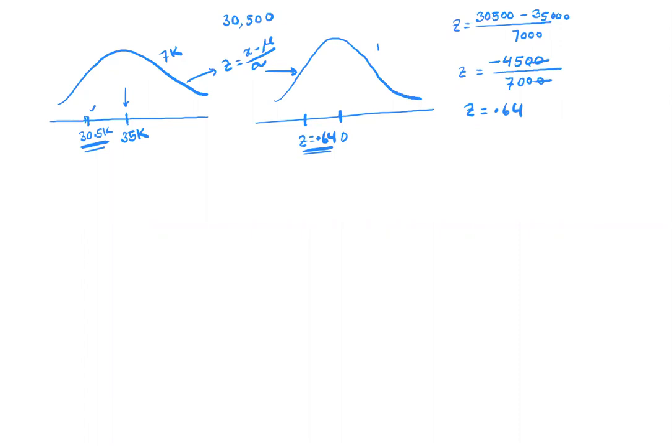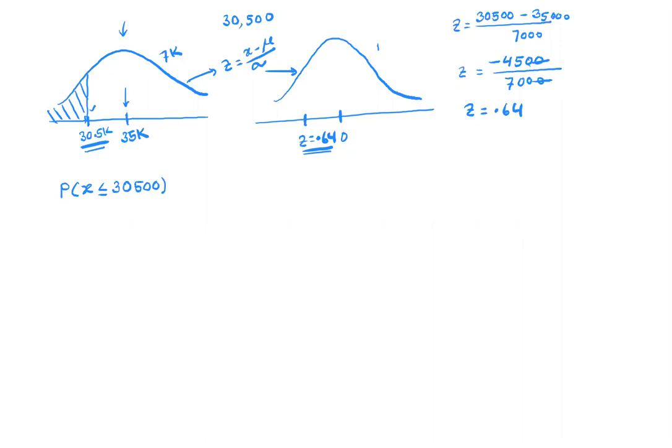Now, if I were to ask you, find the probability that a randomly selected person, X, the random variable, makes less than or equal to 30,500, that would be this area you're looking for. We cannot find it in this format.